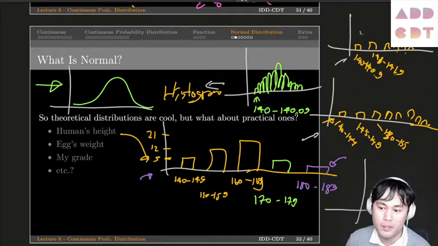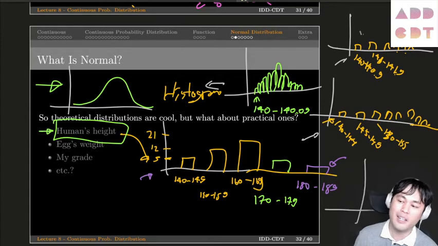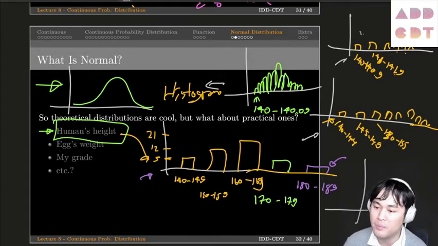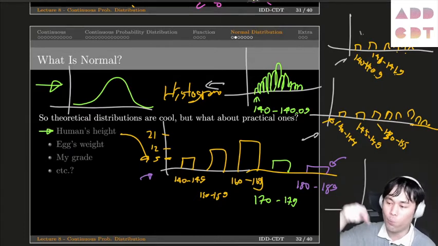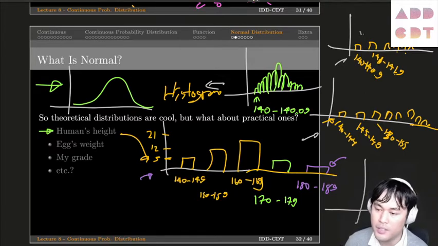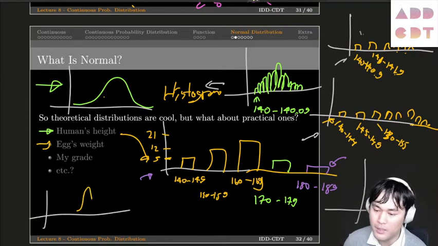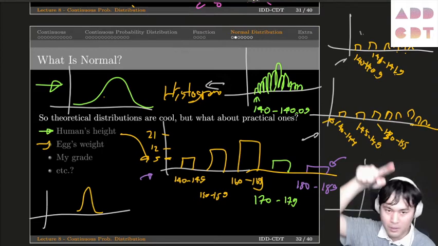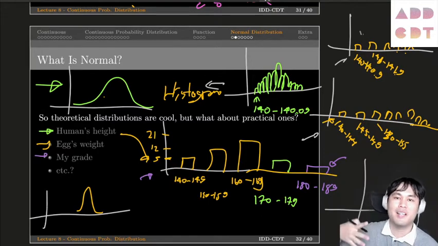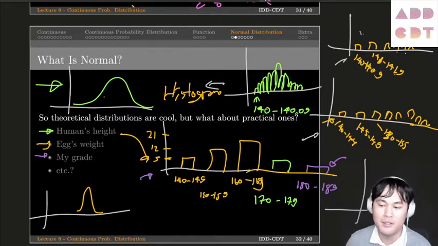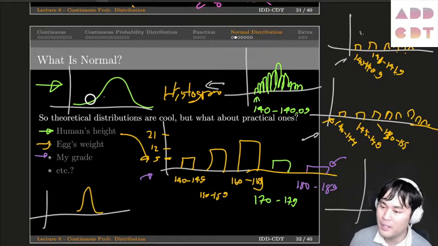And the nice thing about it is it's not limited to just human height. Whatever nature produces, all of those histograms with the small bins are going to give you the same or at least a similar kind of shape. Maybe if you weigh something, it's going to be a bit different, but it's still going to have some peak and then go down. Even your grades in this class, or overall starting from your birth, are going to look like some kind of nice curve.